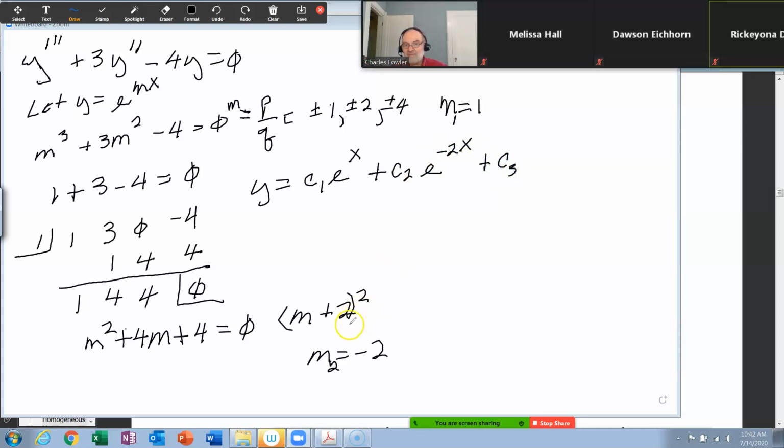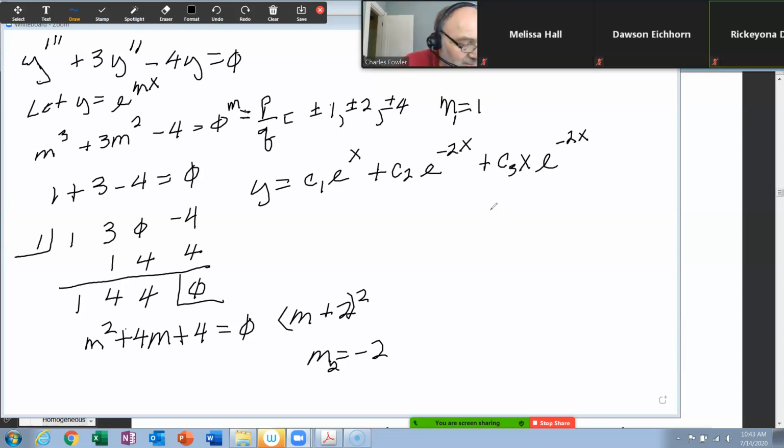We don't have one, but this is a double. So remember what we do with a double root? Put an extra x in front, e to the minus 2x, and then use that same thing. There's your solution. That's it. Well, let me say it's it.